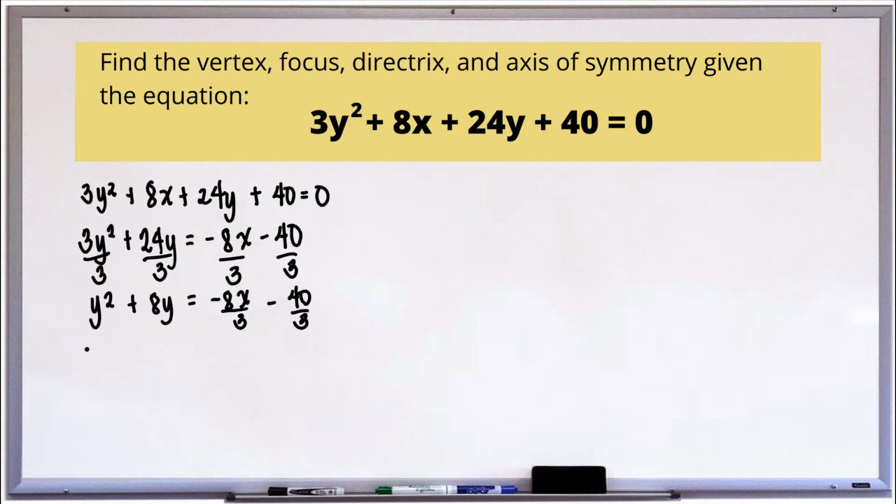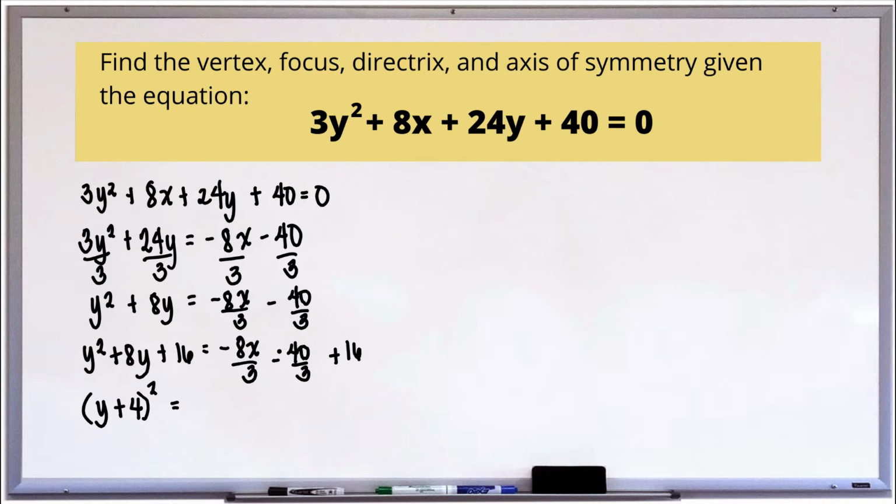Then proceed with completing the square. Express this in a square of binomial that is y plus 4 squared, and simplify the right side of the equation. -40/3 plus 16 is +8/3.